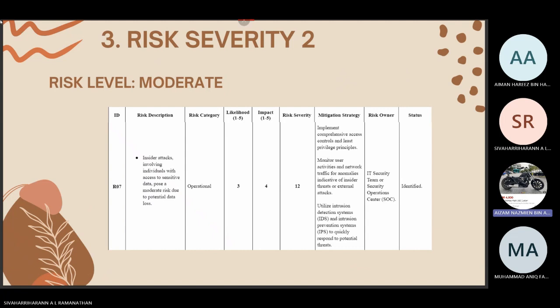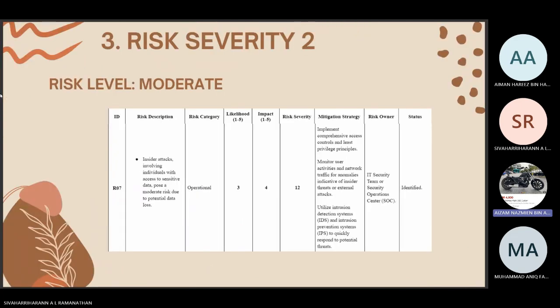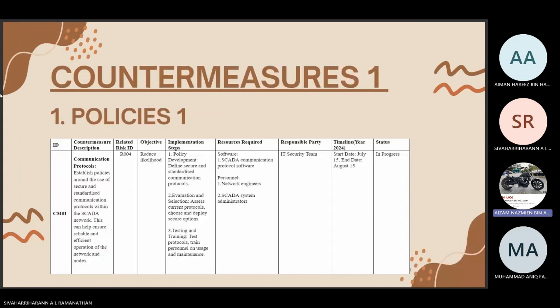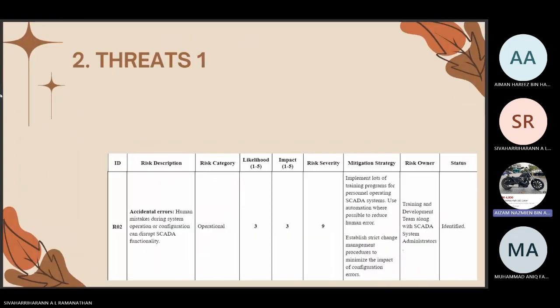Mitigation strategies include implementing comprehensive access control and least privilege principles, monitoring user activities and network traffic for anomalies indicative of insider threats or external attacks, and utilizing intrusion detection systems and intrusion prevention systems to quickly respond to potential threats. The responsibility for addressing this lies with the IT security team or the security operations center. The status of this risk is currently identified.